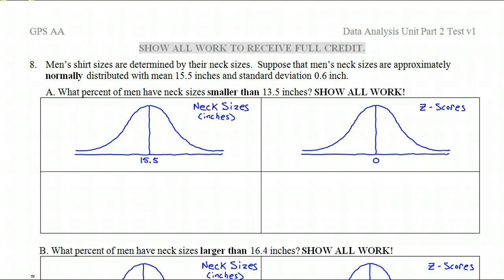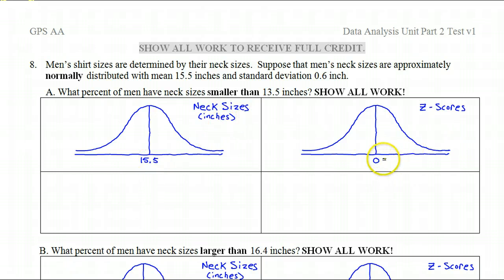Alright, just to be efficient, I went through all of the problems here, and I created my normal distribution shape, and I labeled them, and I put the numbers that I knew would be the same. So these are all starting off the same, but just make sure that you're doing what I did. This first graph should be labeled neck sizes, and you should mention that that's inches. And the mean goes here, so that's 15.5 inches.